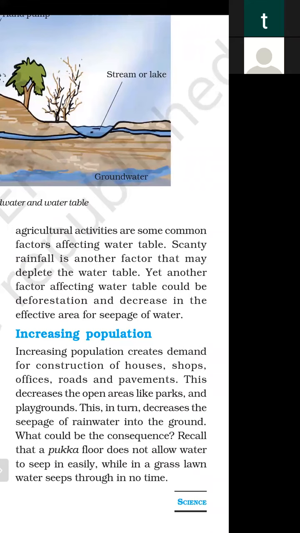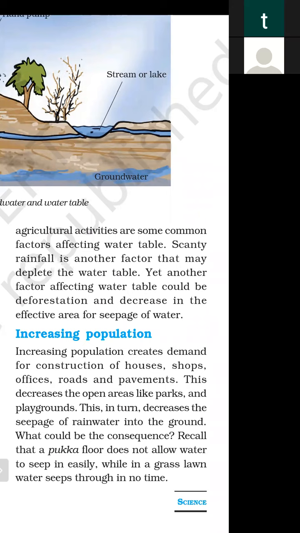Increasing population creates demand for construction of houses, shops, offices, roads and pavements. For the construction of houses, roads, offices and buildings, we need lots of water. And this water is pumped out from under the ground, or we can say from the water table.